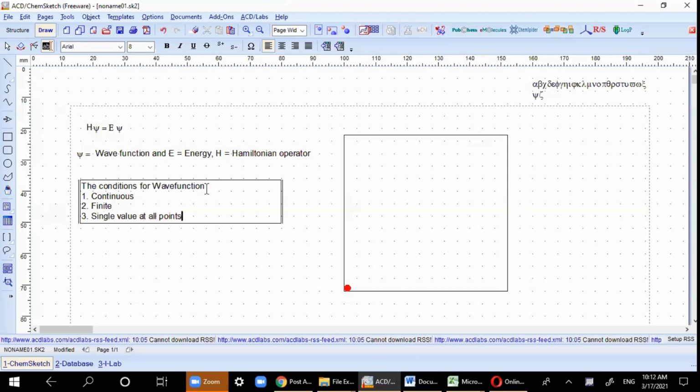These are the three conditions. I will tell you why we are assuming them.